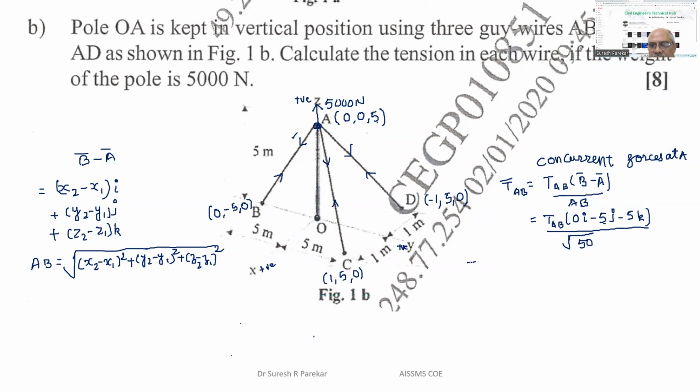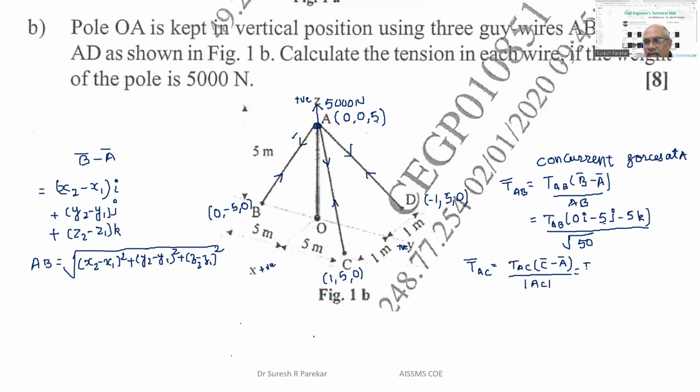Then we have T bar AC, that is equal to TAC in bracket C bar minus A bar divided by AC, or you can write CA, one and the same thing.